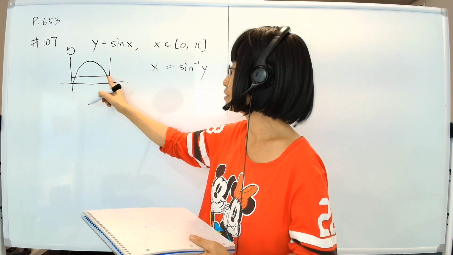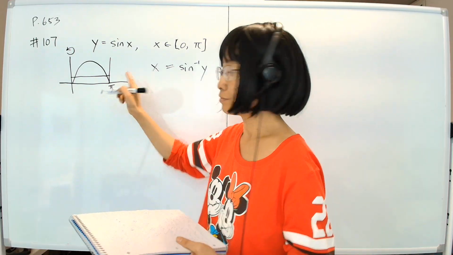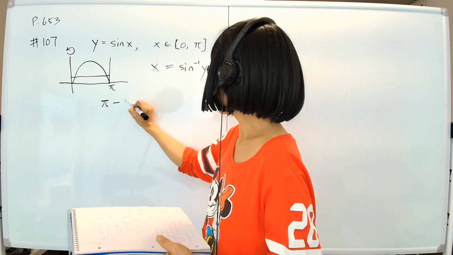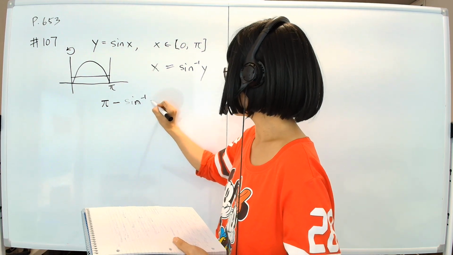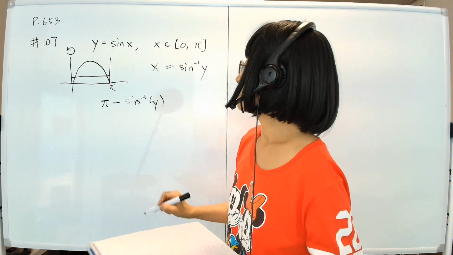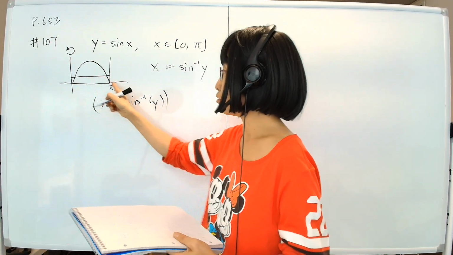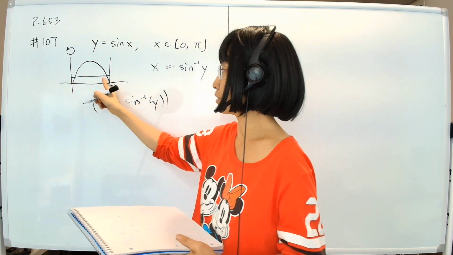So the radius of the big disk is pi minus sine inverse of y. This is because of the definition of the inverse function. That is the big radius. You take the whole pi minus the small part, and you are left with the rest.